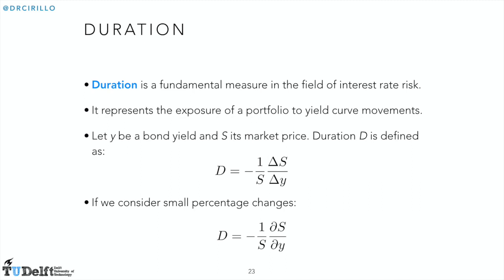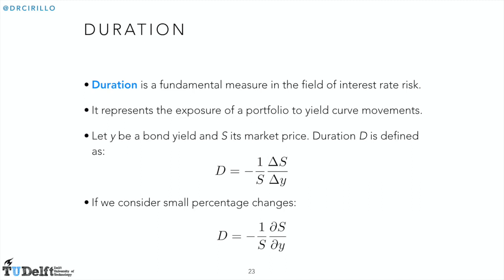And it represents the sensitivity of our portfolio to changes in the yield. Now, the duration is defined in this way. It's 1 over S, where S is the market price of the portfolio, times the variation, delta S, of the price over the variation, delta Y, of the yield.